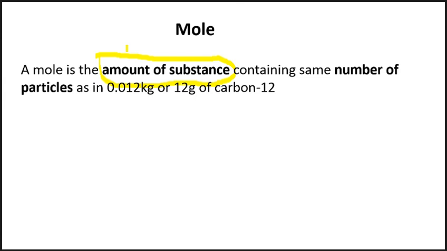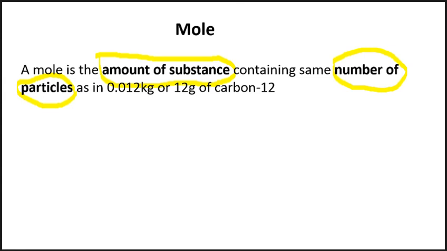So one mole is simply the amount or quantity of substance containing the same number of particles. Same number of particles, that is another key word that must be taken note of. Number of particles in 0.012 kilogram, or if you convert it to gram, 12 grams of carbon-12.